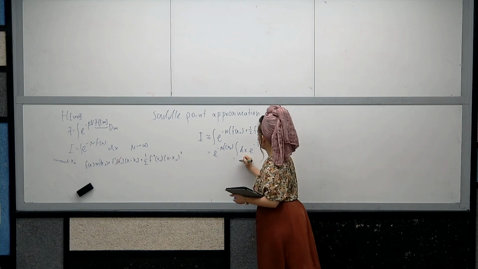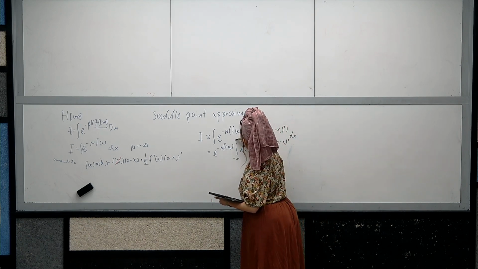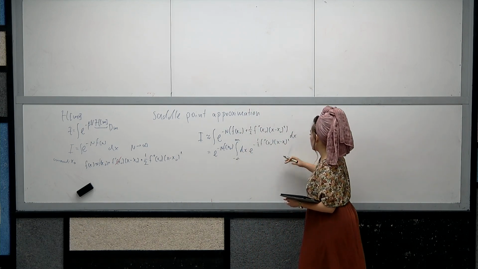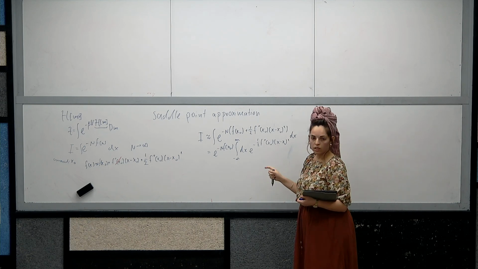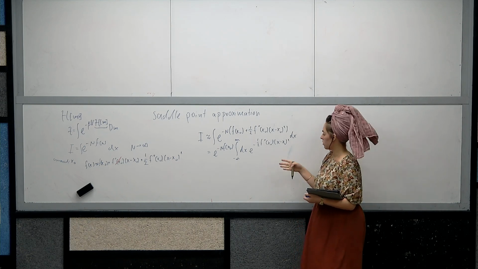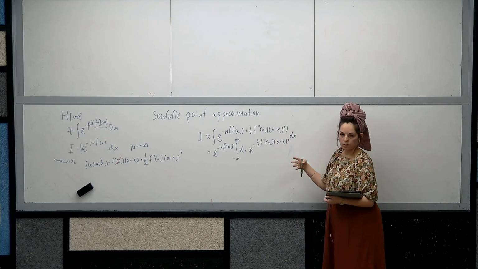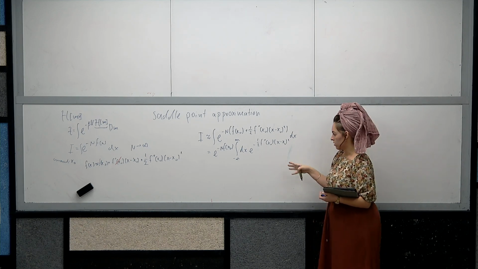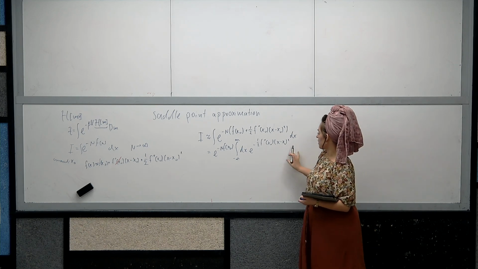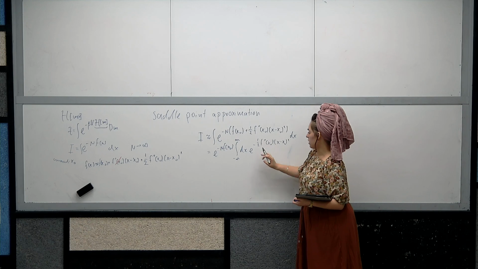So now we can put the limits minus infinity to infinity, because the only important contribution is from the proximity of x0, so it doesn't really matter. And then this is just a Gaussian integral.